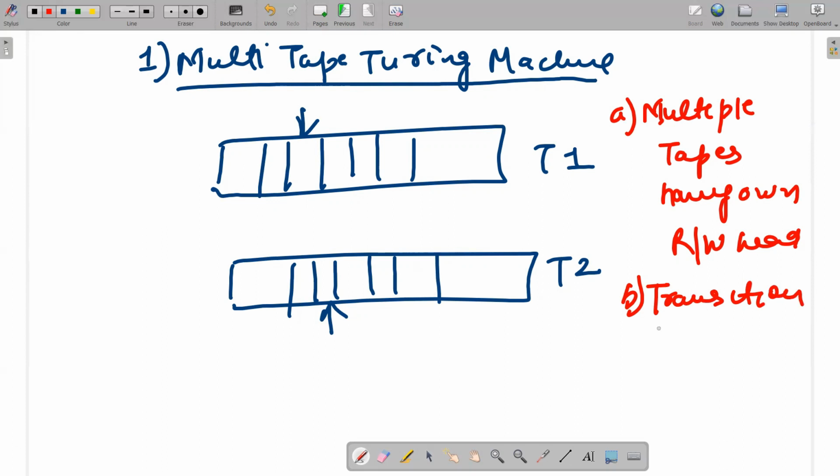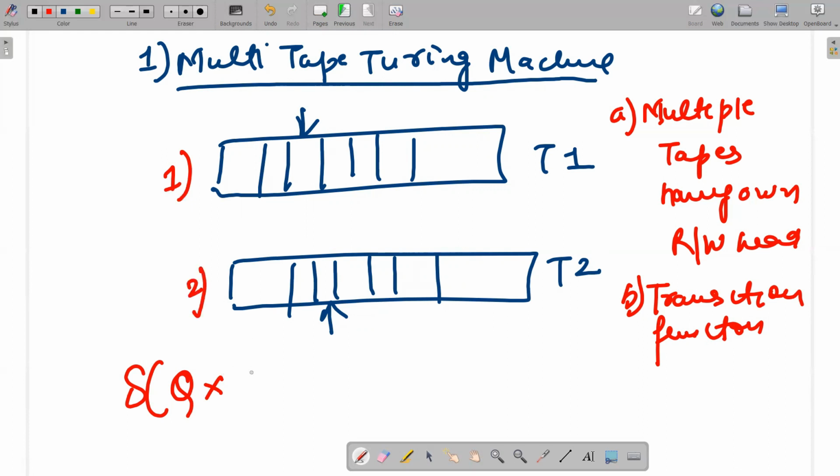Now your transition function is not going to behave the way it was behaving in the normal Turing machine. Now your transition function will have the states, and because you have multiple tapes, tape number 1 and tape number 2, we will take the inputs from both of them.